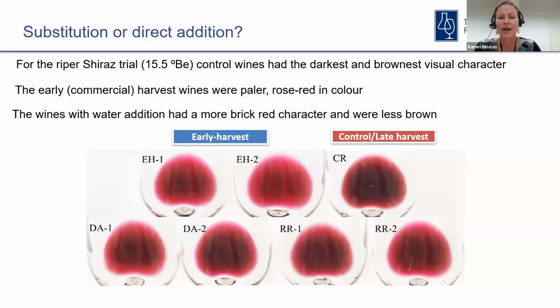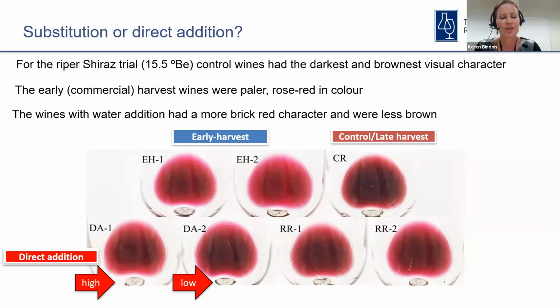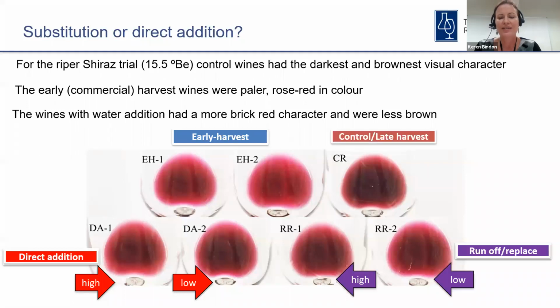And I guess the earlier harvest is more of that rose red, paler colour. At the bottom here, we have our water addition treatment. So DA1 is a higher addition and DA2 is the lower addition. And you can see here that some of those browner attributes are present, but they actually had a more brick red character than the control.